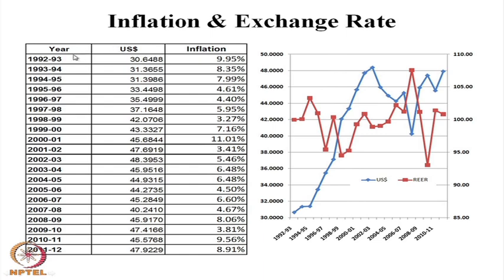In this graph, the US dollar is blue and red is the REER, the real effective exchange rate. I have taken REER and inflation, and over the years the US dollar is appreciating against the rupee; when inflation is increasing, the rupee value is depreciating.